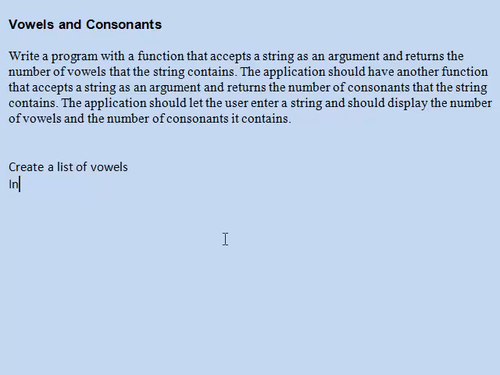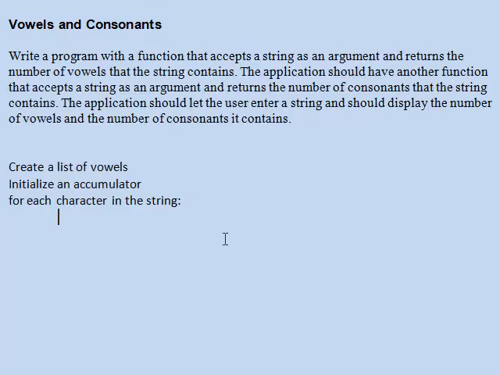And we're going to initialize an accumulator. So far, our algorithm is still the same. And we're going to have a for loop for each character in the string. So far, everything looks to be the same.